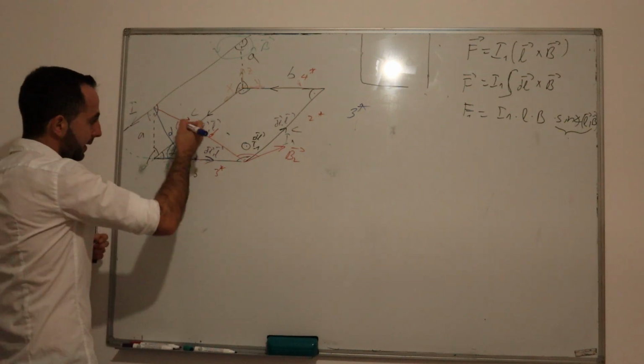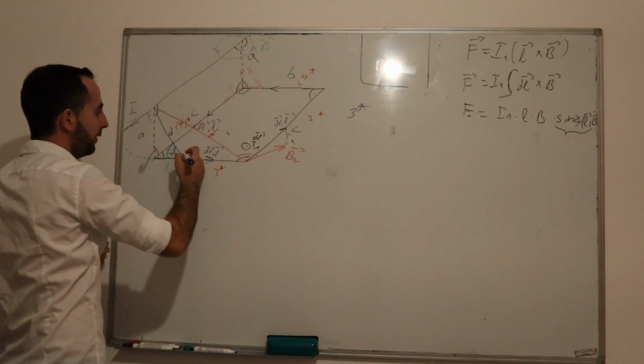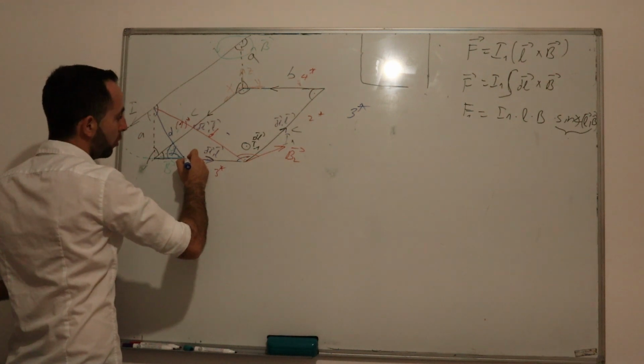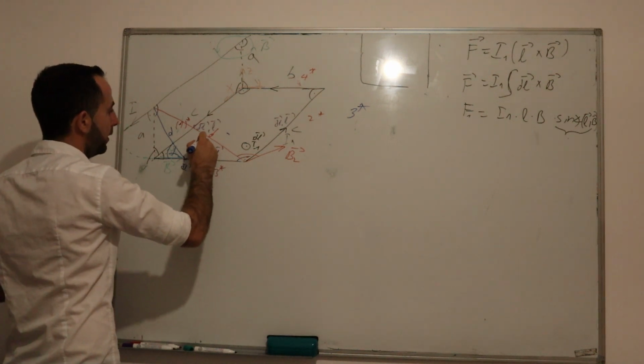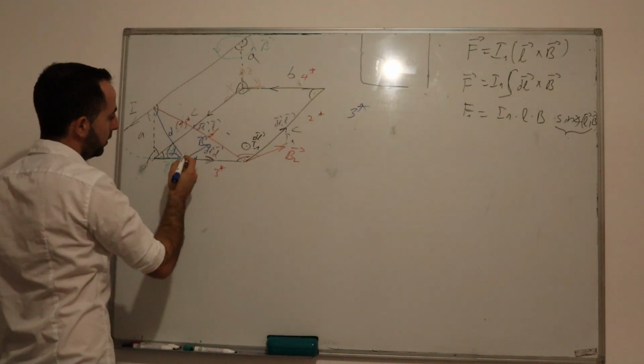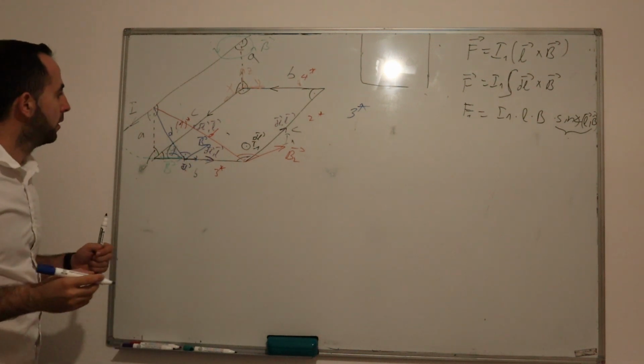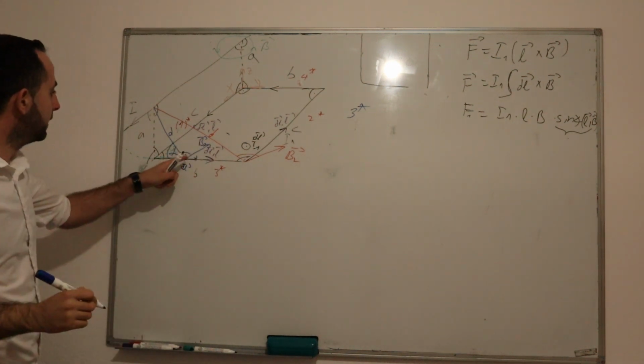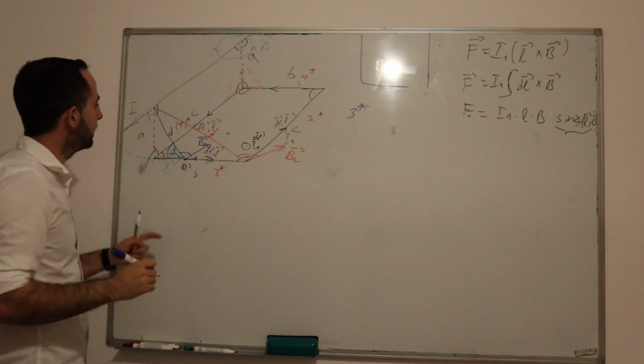And what is my magnetic field? Well, the magnetic field is a tangent to this point, which is B3, and it has an angle of 90 degrees.